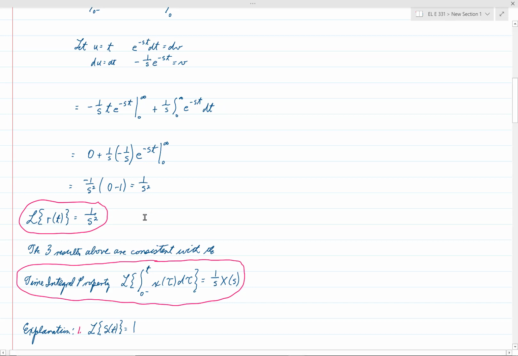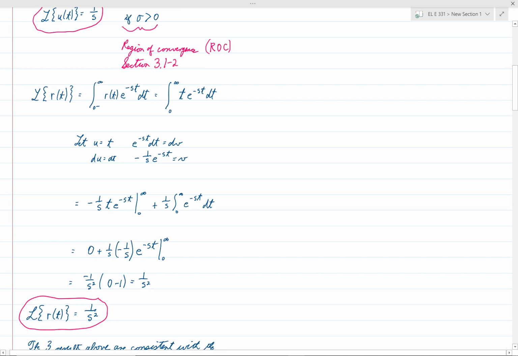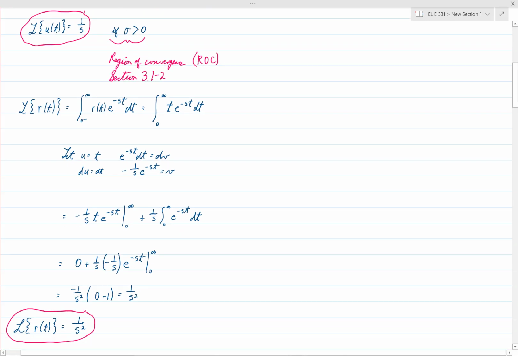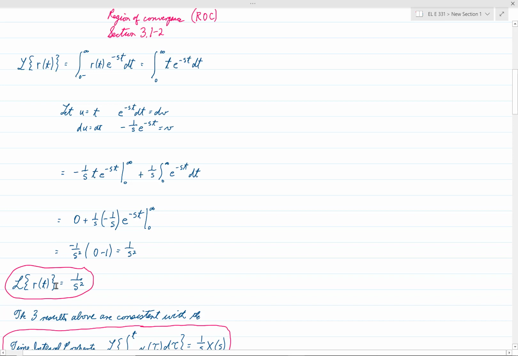These first three things that we found are referred to as Laplace transform pairs. Why do we call it a pair? Because each one really consists of two things. It consists of a time domain function and its Laplace transform. So here the pair is delta of t and 1. Here the pair is u of t and 1 over s. Here the pair is r of t and 1 over s squared.